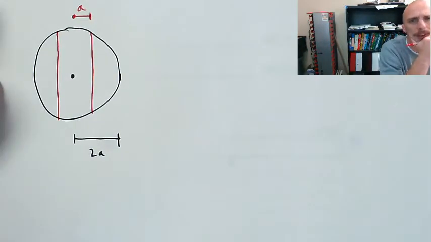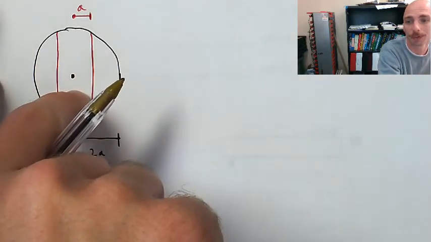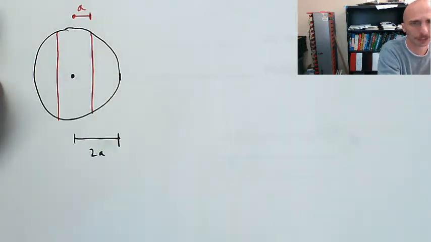So what I'm going to do is use cylindrical coordinates for the cylinder, but I know a formula for the volume of a sphere of radius 2a, and I think I'm just going to use that.